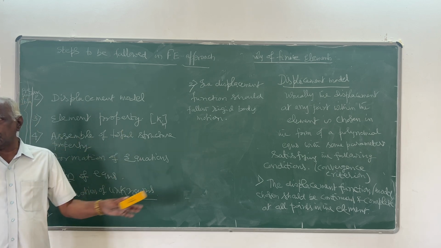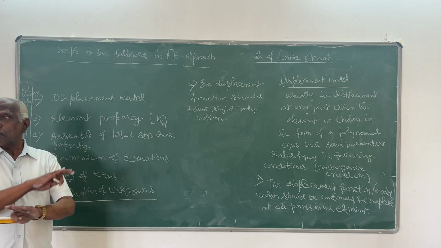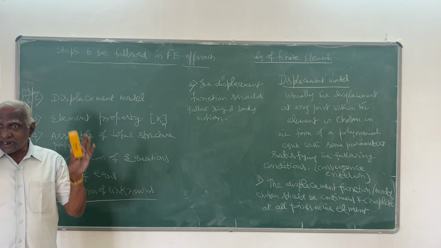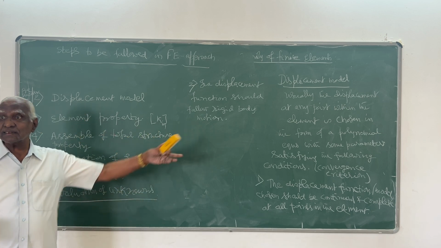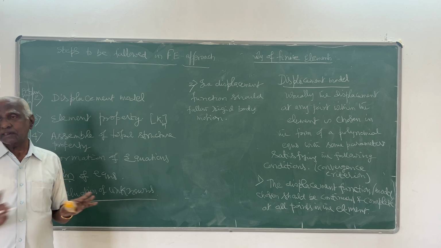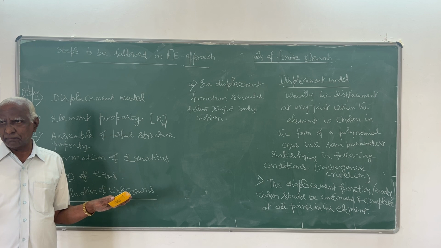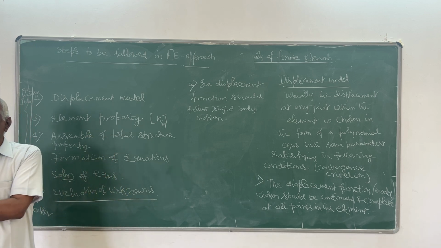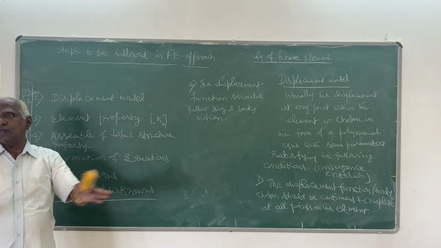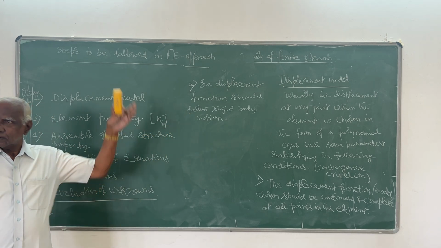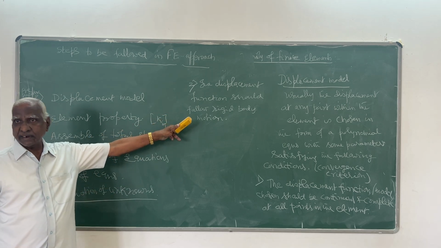It should not undergo any change in the displacement or distortion. The body should not undergo any distortion. The moment distortion occurs, there will be change. There should not be any change in the body. It should be rigid body motion, happening within the body due to the motions. So that is your second condition.